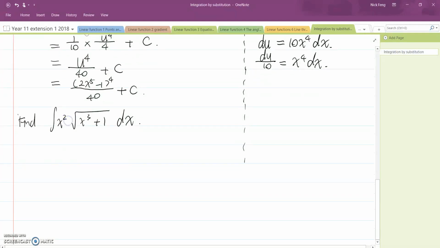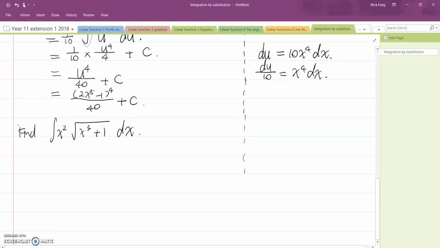And now, if you have thought about that, you should have some idea what we should make for the substitution instead of just telling you what that is. In this case, the substitution should be u equals x cubed plus 1.